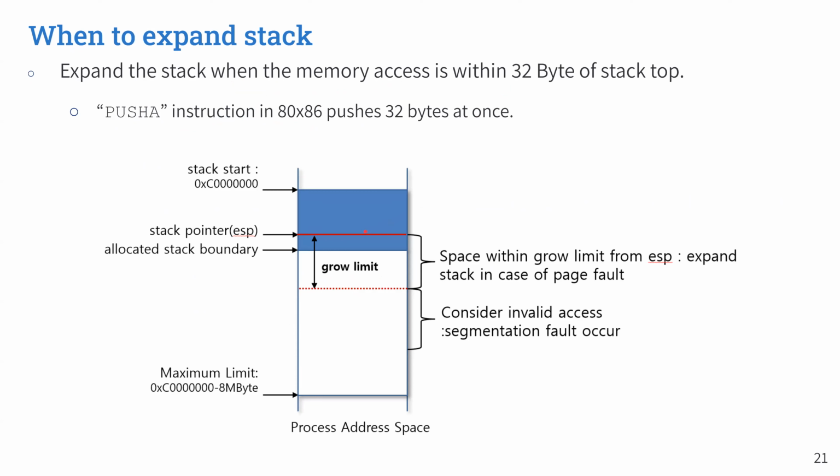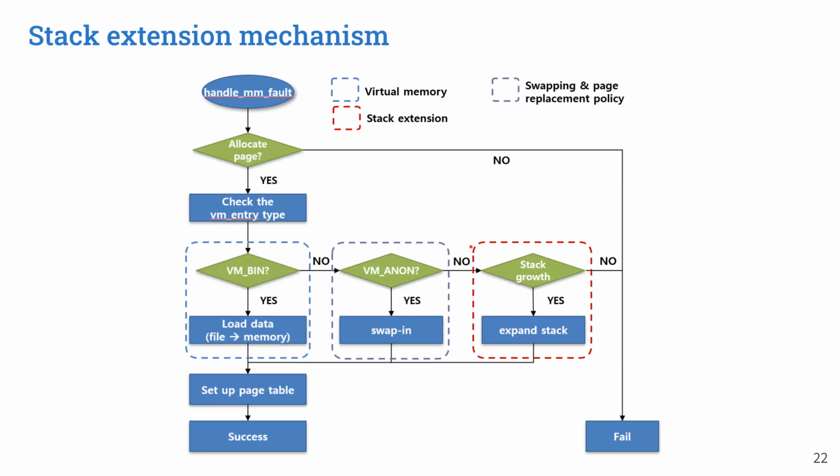So if you access the stack within 32 bytes of the stack top, we will consider this access a legitimate access, and we will grow the stack correspondingly. So this is a page fault handler with a consideration of stack extension. This part is added. When the address access is legitimate, you should grow the stack.